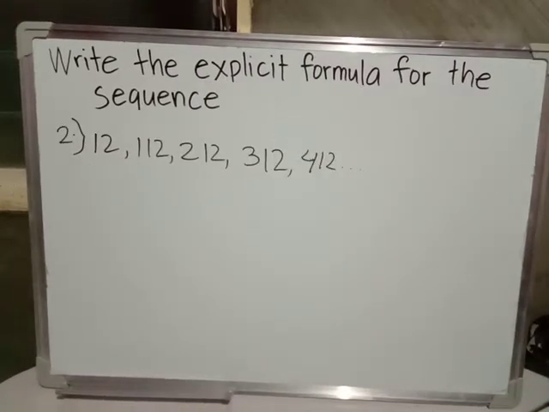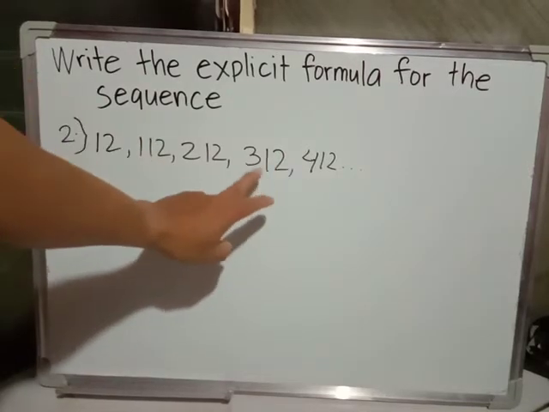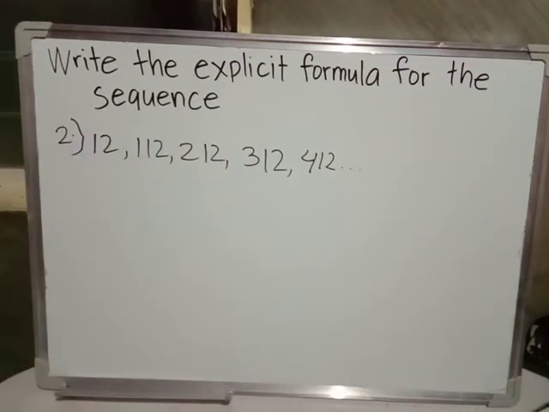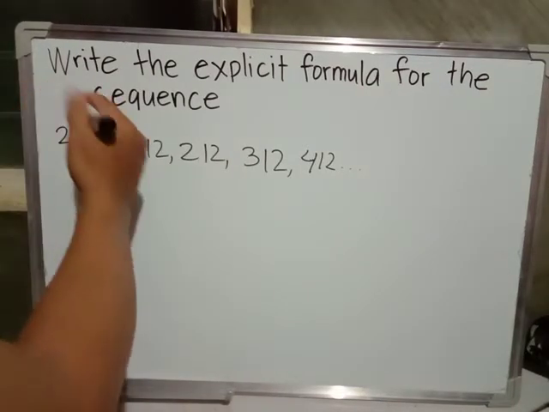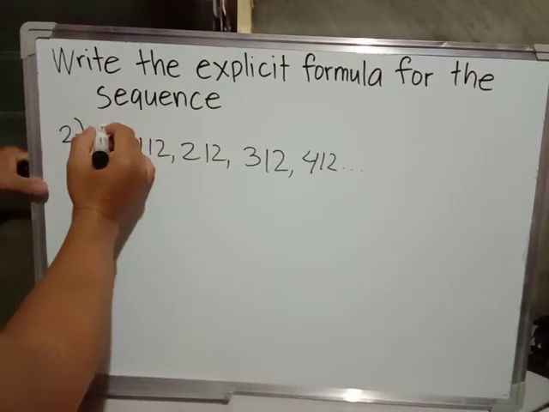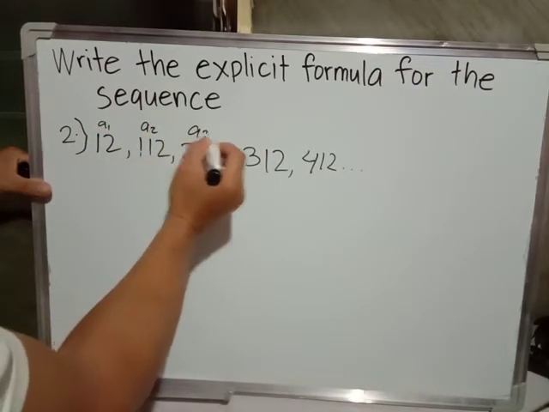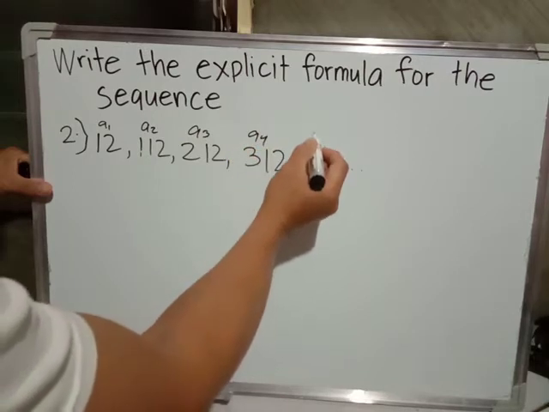Okay, number 2: 12, 112, 212, 312, and 412. We know 1, 2, 3, 4, 5, so let's label them E1, E2, E3, E4, E5.